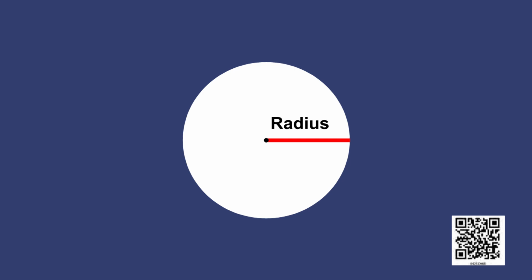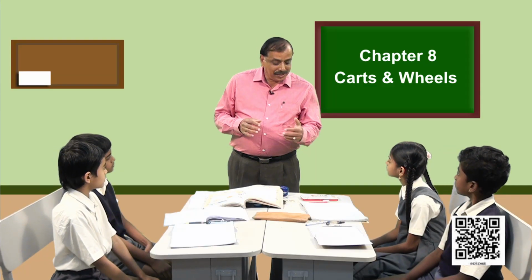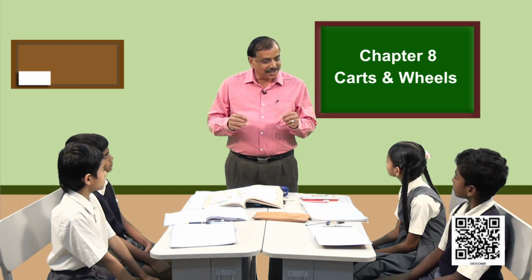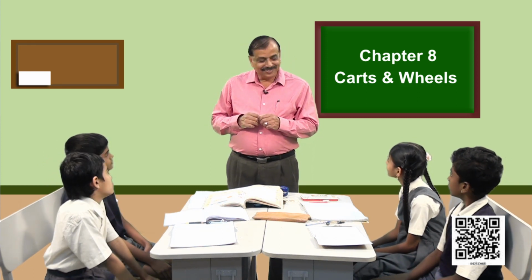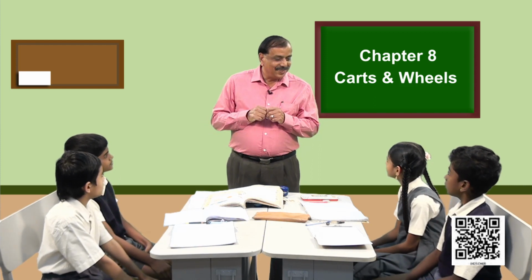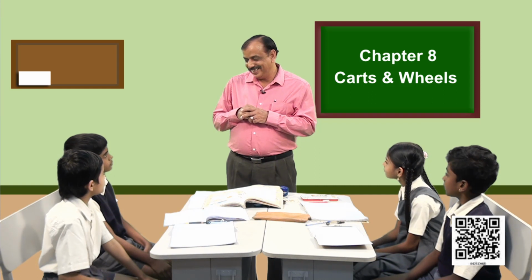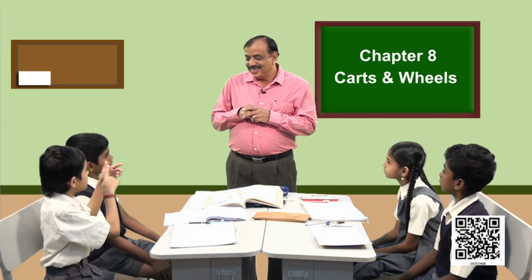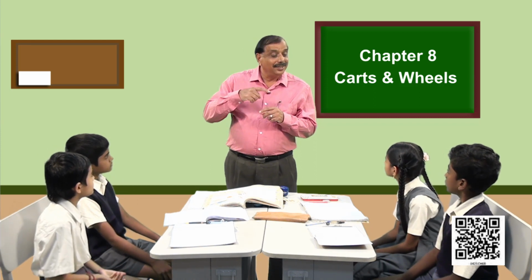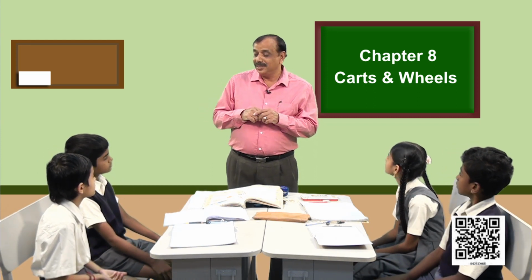By using a scale. By using a scale, whichever circle you have drawn, you can measure it. By using the same scale, can I measure the radius of a bicycle wheel? No. Can I measure the radius of a tractor wheel? No. Then how do I measure it? By using a tape. Using the measuring tape, I get the circumference of the circle.